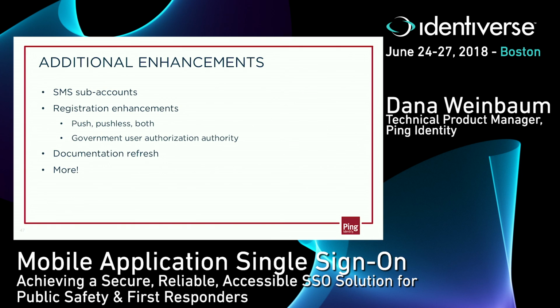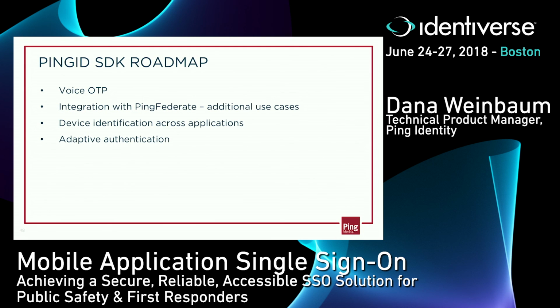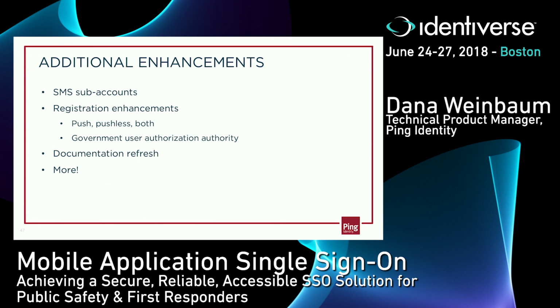They don't want the primary device to be the one to authorize the other devices. They want every device to be authorized by this government authority. We also refreshed the documentation, both for the developers and for the admin. And obviously that's not all that we did.